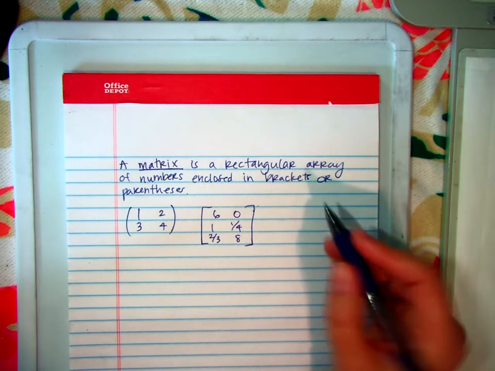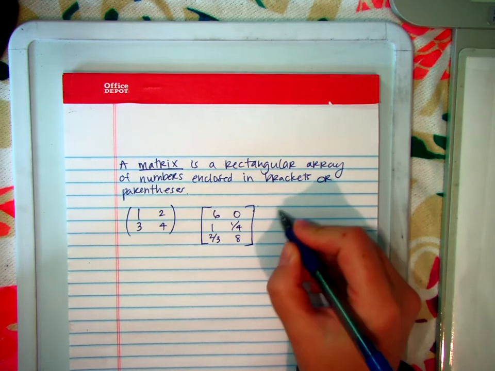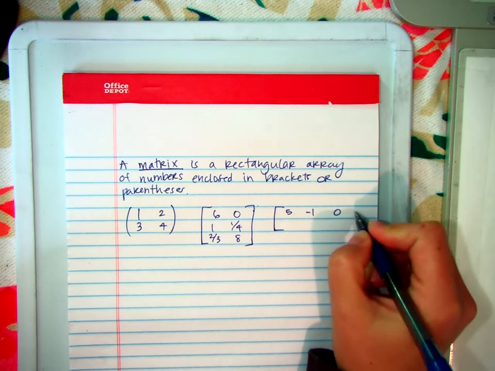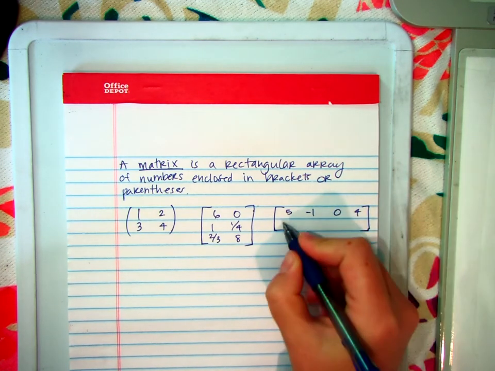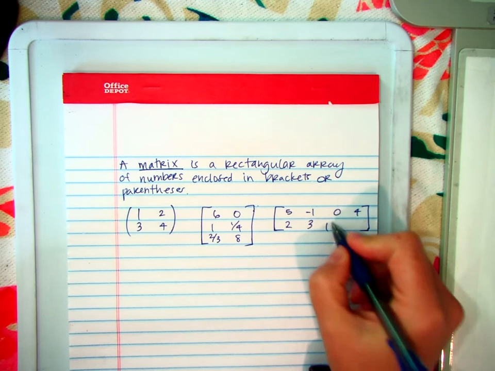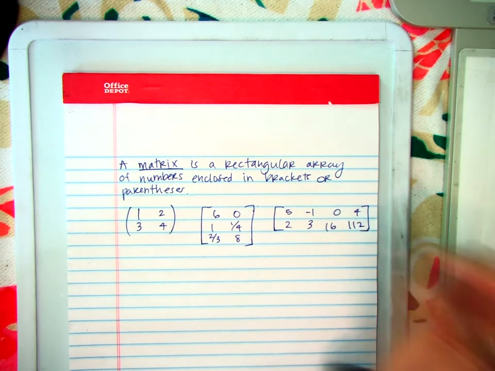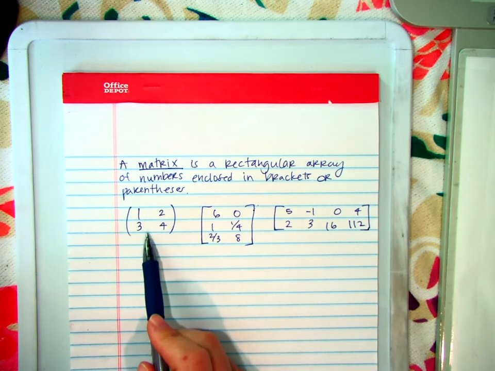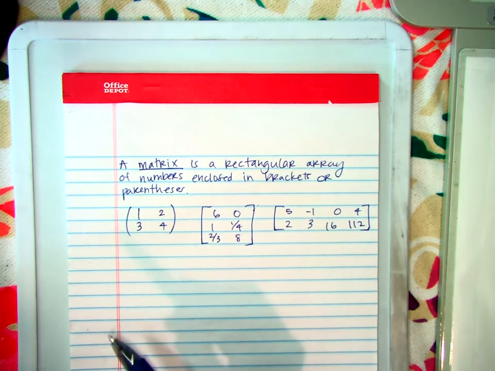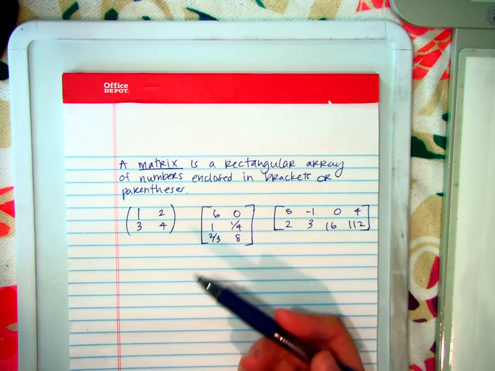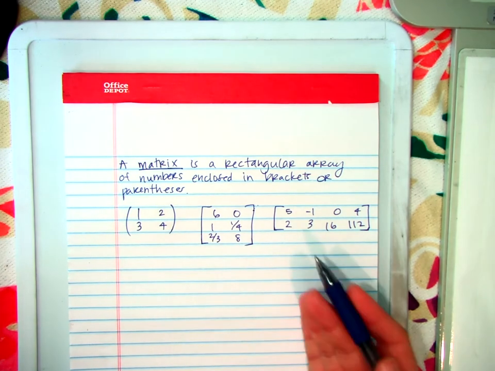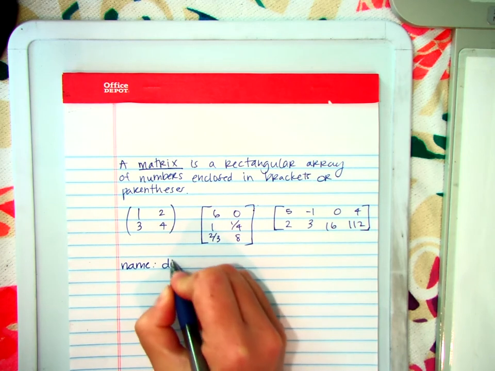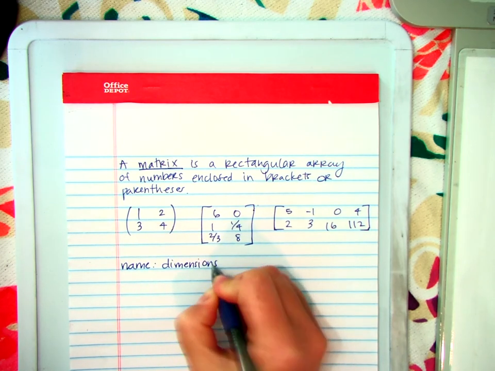Let's do another one so we can talk about things a little bit more. So 5, -1, 0, 4, 2, 3, 16, 112. Okay, so these are 3 different matrices. This is the first matrix. Together they're matrices. Here's a matrix. When we talk about matrices, we name a matrix by its dimensions, and it's a standardized way.